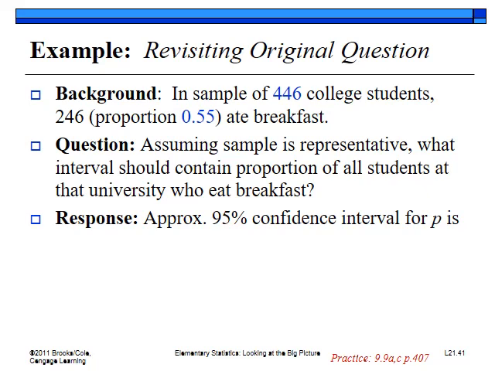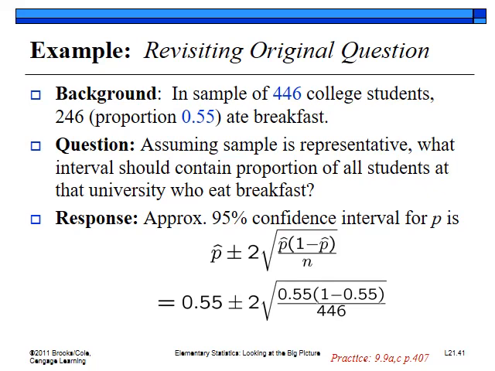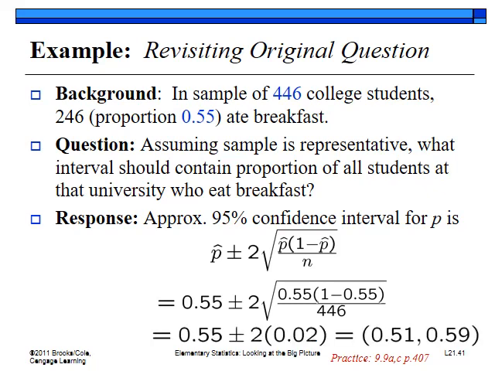Well, the 95% confidence interval for P would be the center, which would be 0.55, plus or minus 2 standard errors. That's 0.55 plus or minus 2 times the square root of 0.55 times 1 minus 0.55 all over 446, which gives us an interval from 0.51 to 0.59.